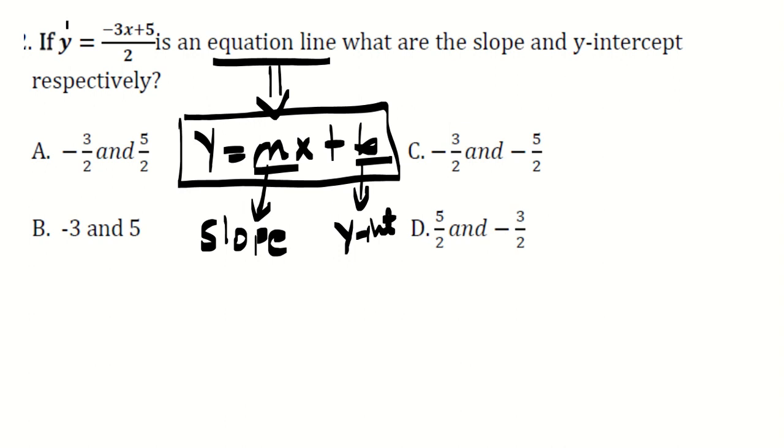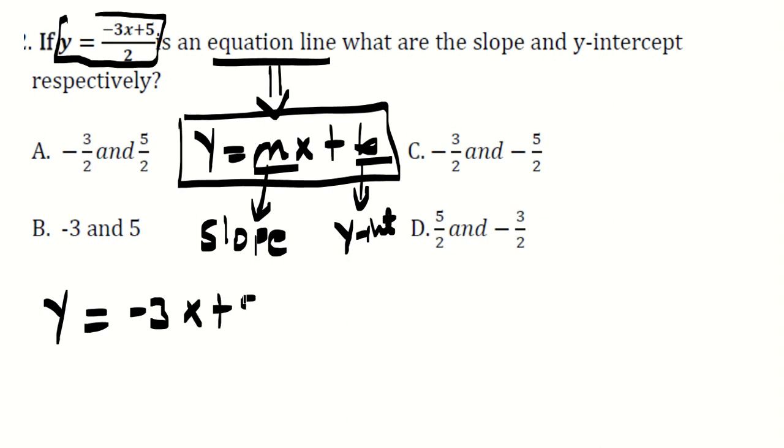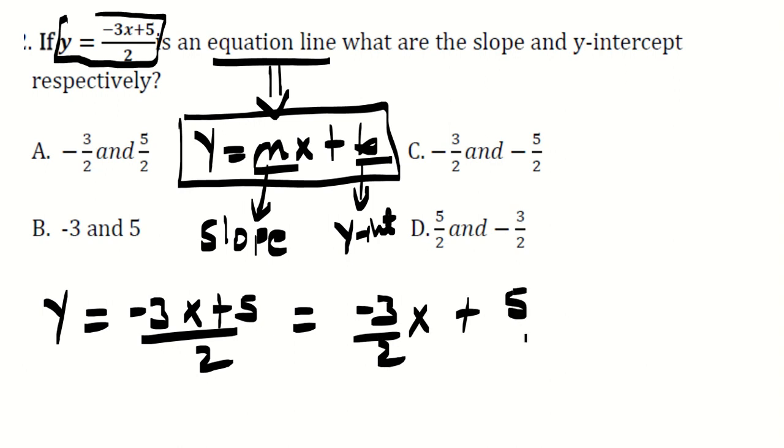But this equation of a line, as you see, is not written in that form, so we need to write it. So y is equal to (negative 3x plus 5) over 2 can be written as negative 3 over 2 x plus 5 over 2. What did I do here? I can give this denominator to each of them, because the whole over 2 means the denominator applies to each. In case of plus and minus, you can give the denominator to each.